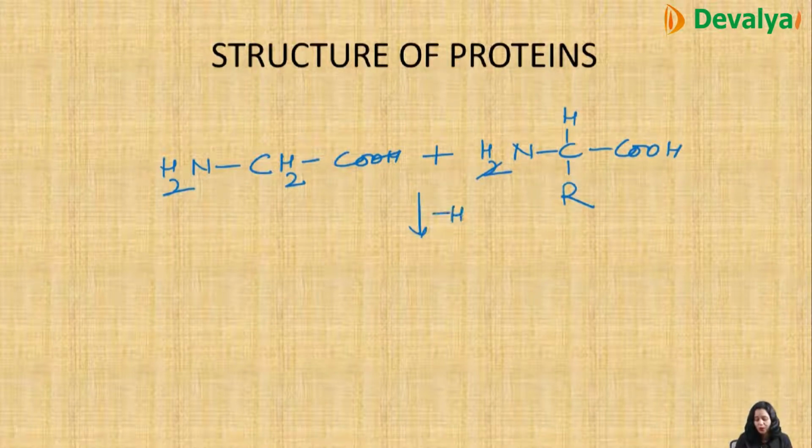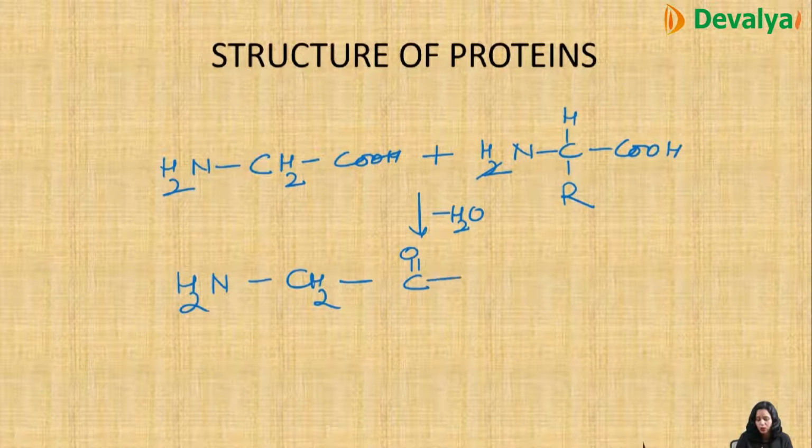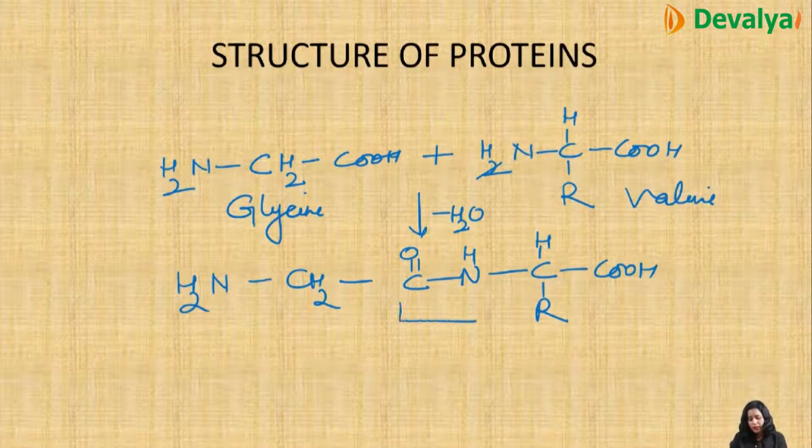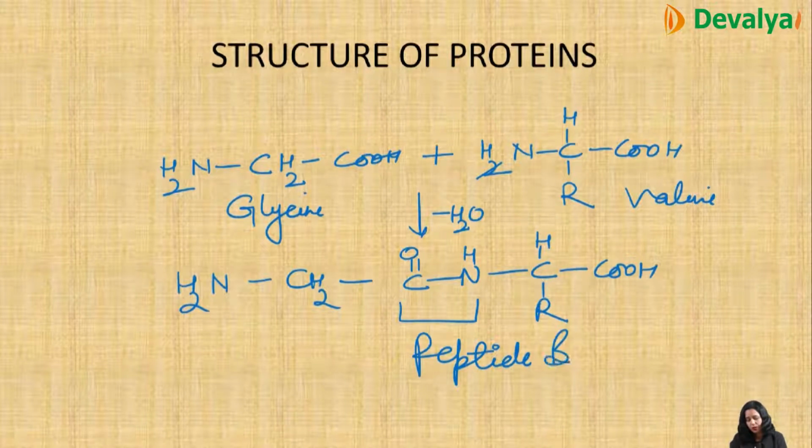Now the water removal will occur, and in this case NH2, CH2, CO, NH, C, H, R, COOH. Like this is your glycine and this is your valine. And this is the peptide bond which is formed between the two amino acid units. So this is the peptide bond. So when two amino acid units join with each other with the removal of some simple molecule like water, that kind of bond is called a peptide bond.